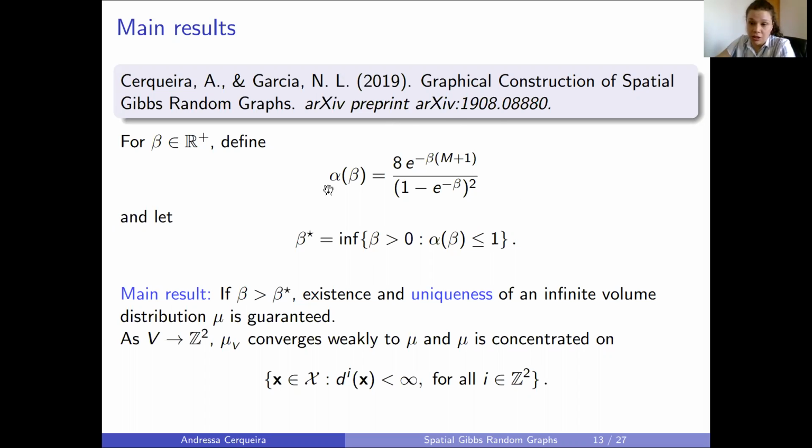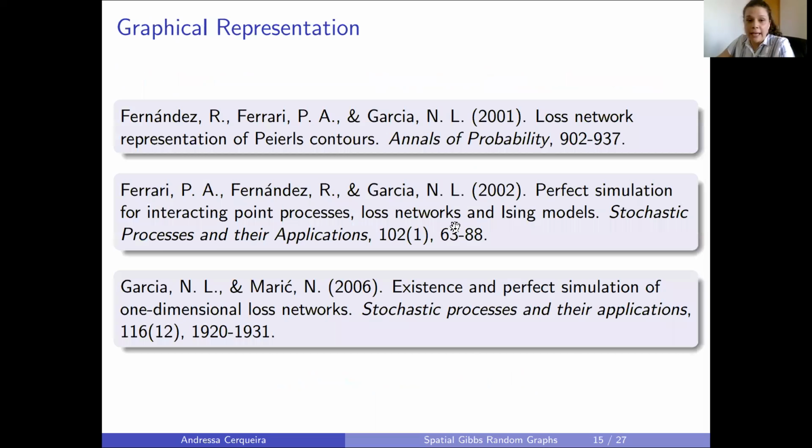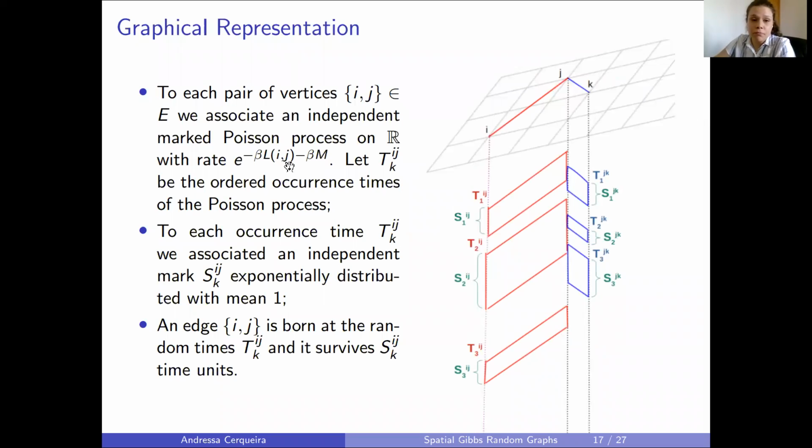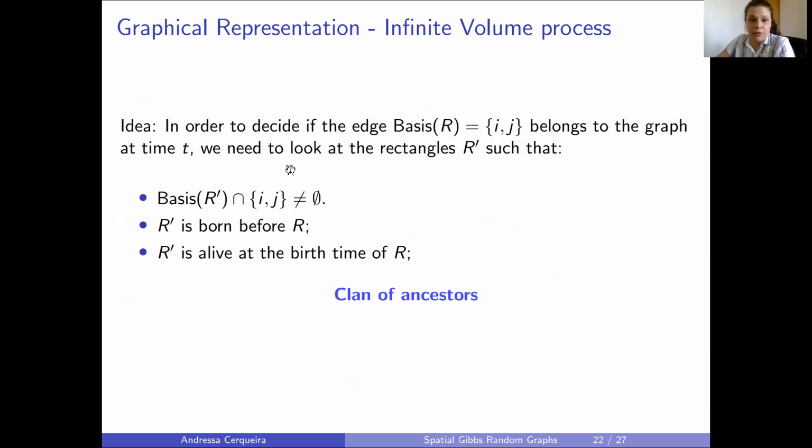But I think it's possible to make all the computations, because the only thing we have here is that these rates depend on the length. So in high dimension, we just define a different distance between vertices, and then we can have the same kind of result.